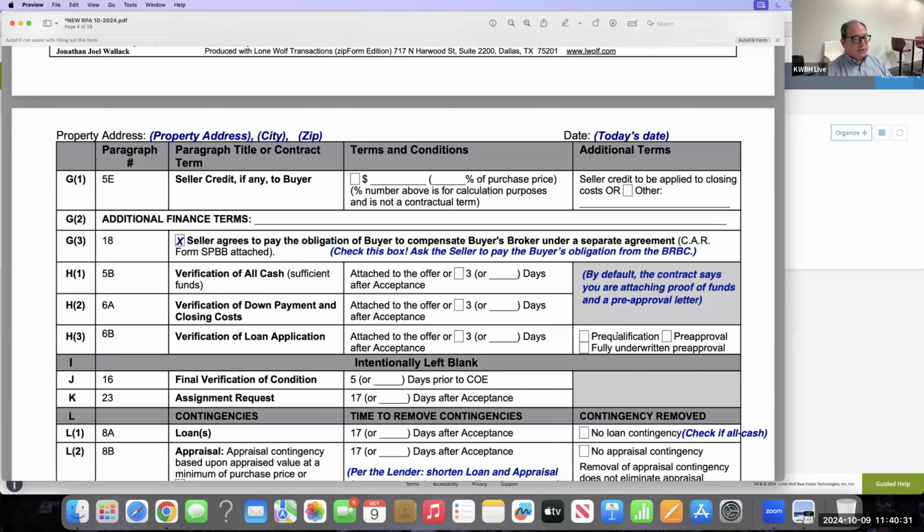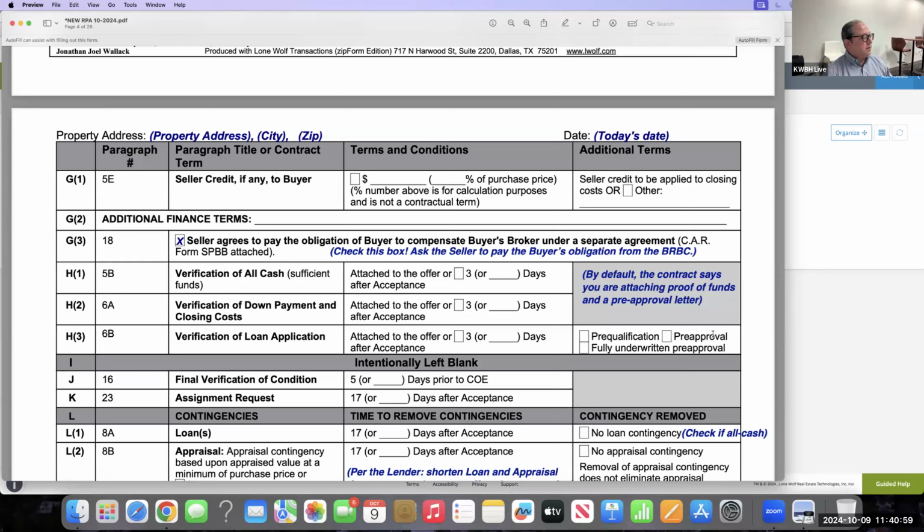A pre-qualification is, I called my lender and basically, based on what I told him over the telephone, he's sending me a pre-qualification letter. Based upon what you told me, I can make that loan. Pre-approval letter means I've received your application, I've checked your credit, I've verified your income and your assets, and based upon all of that, I can make the loan.